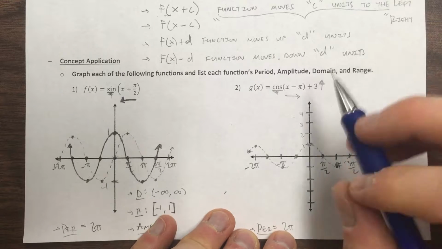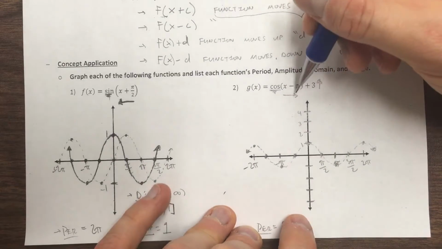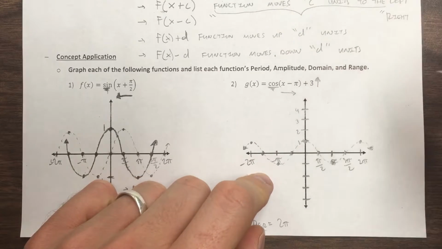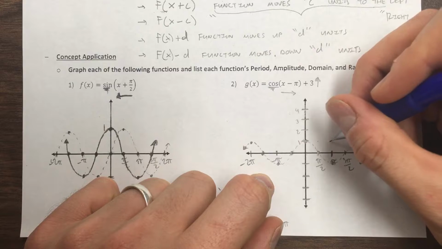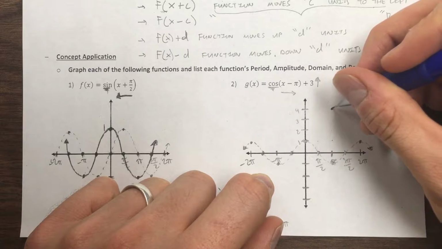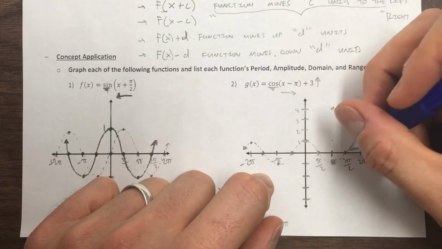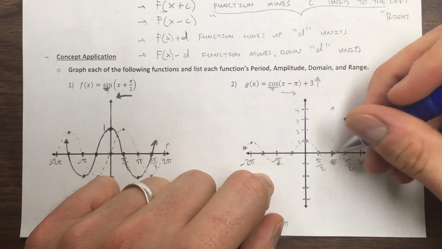So what we can do is move every single point that we have here, and we're going to shift it to the right pi, which is like 2 tick marks, and then up 3. So I take this point, I'm going to go to the right 2 tick marks, up 3, 1, 2, 3. This guy here, to the right 2 tick marks, up 3.